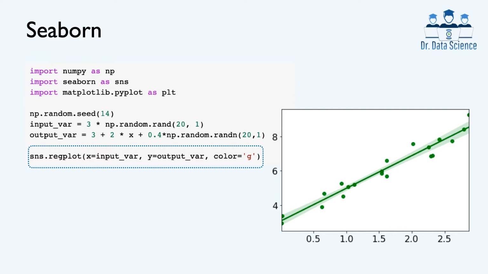You have such a nice plot here that shows the collected data points and the regression line. And if you're wondering about the shaded area, that corresponds to the 95% confidence interval, meaning how confident we are about this regression line that fits the entire data set.